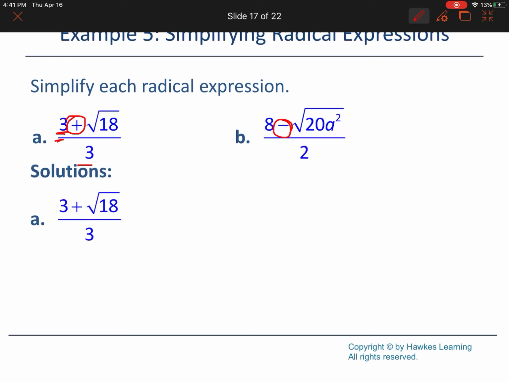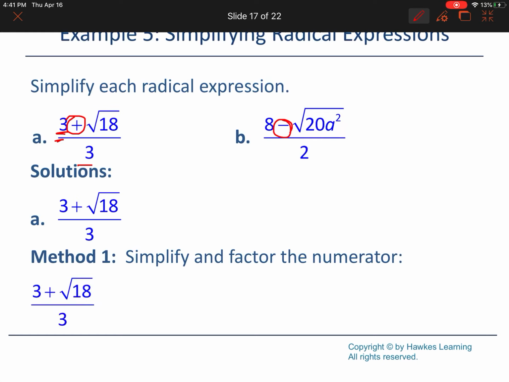So the first thing we're going to do is simplify that radical and see if we can make it simpler, right? Just looking at the radical, we would take 18 and make it 9 times 2, because 9 is a perfect square, and the square root of 9 is 3. So now I have 3s in each one of them. So I can factor this and make it a multiply.